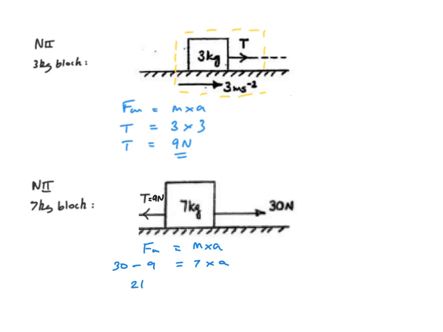So that gives us 21. So your acceleration is going to be 21 over 7, the same 3 meters per second squared that we calculated in part 1. So that's just for completeness, to show you the full picture of what's happening for the block at the front of the system.